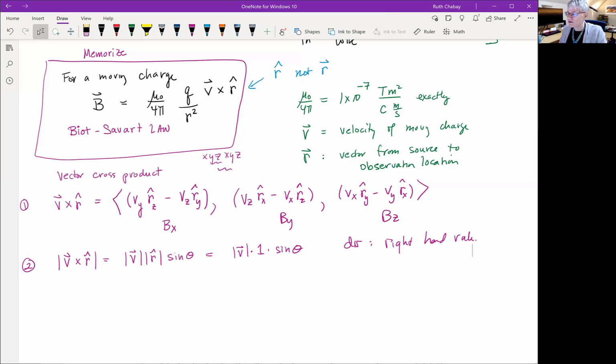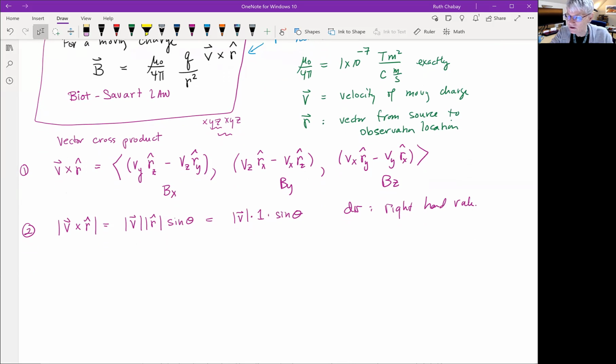Oh, there's one thing we didn't try. But suppose we have a situation where we've got a charge moving in the plus x direction, and we have an observation location on the plus x axis.